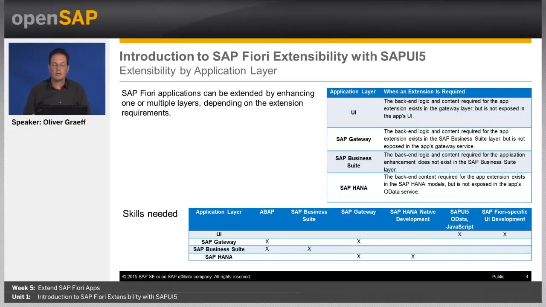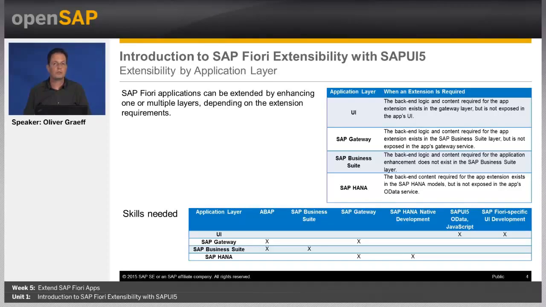You can see here the different application layers. It starts from the UI layer. This is everything dealing with SAP UI5. If you want to do an extension, you would want to touch the UI layer, assuming that you have some backend logic for your extension.